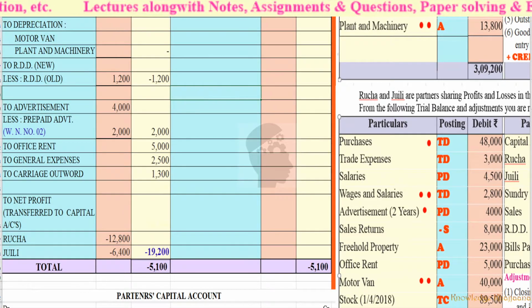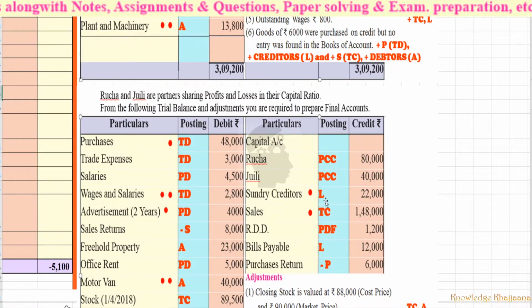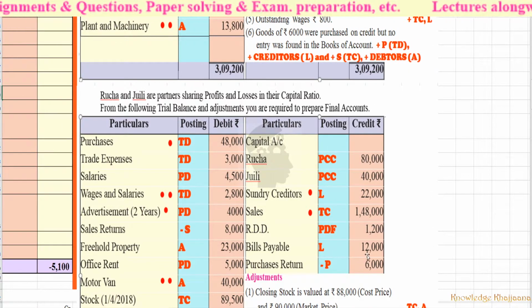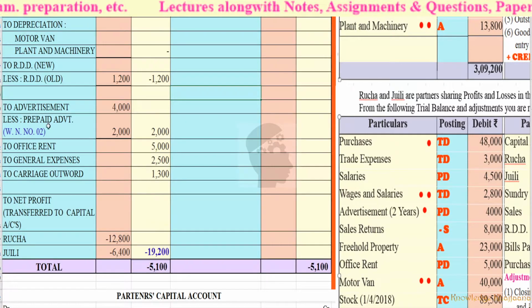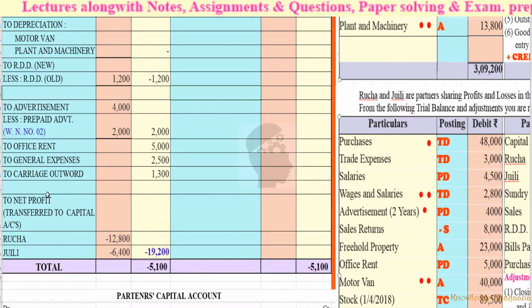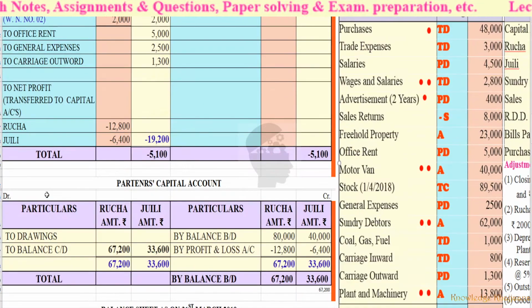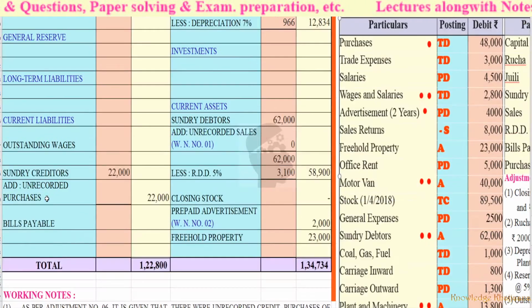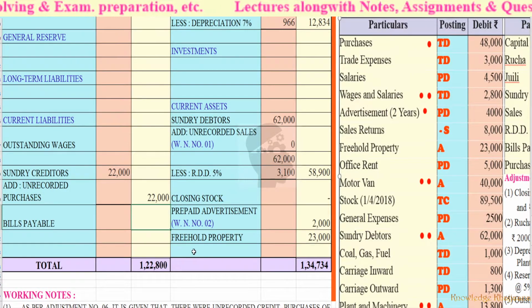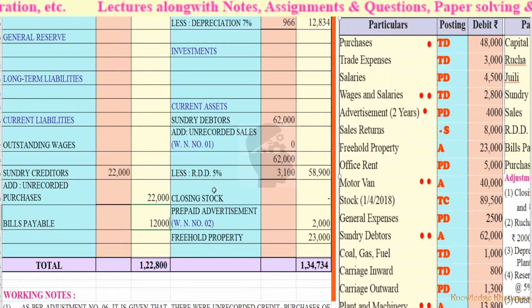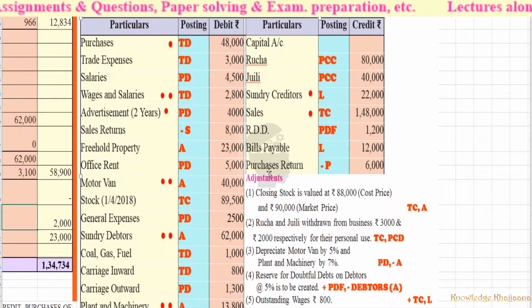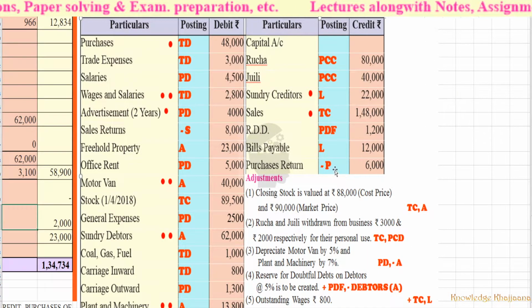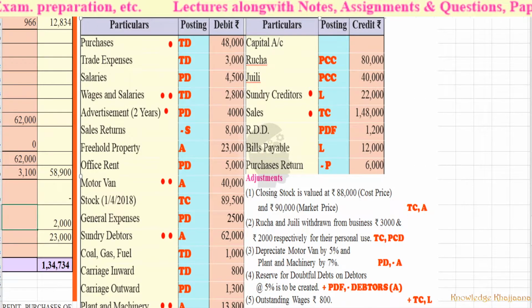Okay. Then bills payable, liability side, 12,000. Bills payable is a current liability, rupees 12,000. Then purchases return, we have to deduct from the purchases, rupees 6,000.